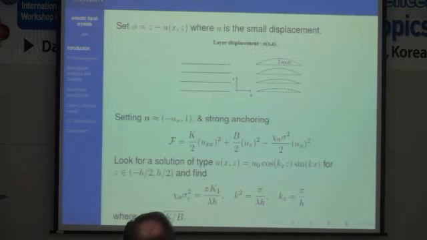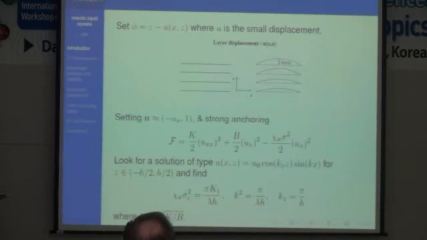I'm just going to talk about the conventional, traditional Helfrich-Hurault theory. They use a small displacement, identify the director and the layer normal direction, and use the strong anchoring condition. This is the free energy that they used, with only one parameter there.